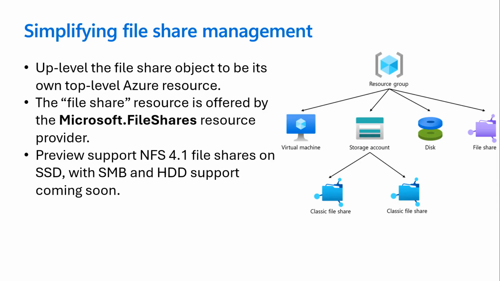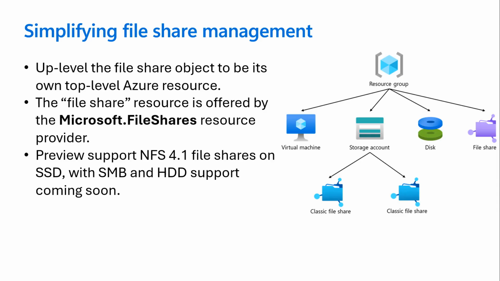On the chart on the right, you can see traditionally in order to use the classic file share, we first need to deploy a resource group and then a storage account, and then deploy the file shares within the storage account. Whereas the new file share experience allows us to create the file share right after we create the resource group, taking a step away from the creation experience.